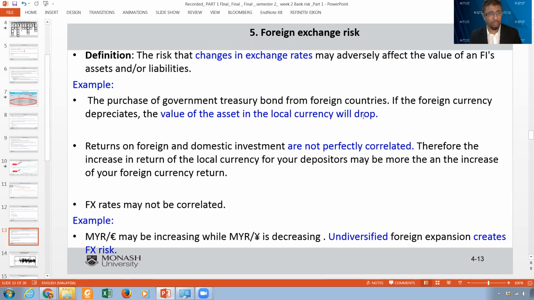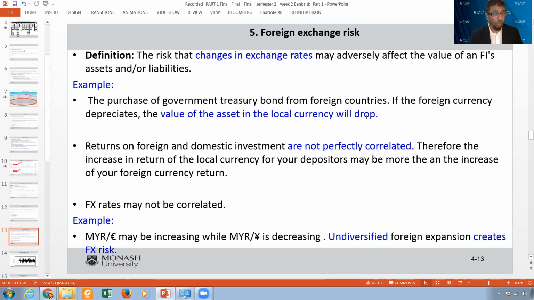will drop in the local currency. For example, with investments in the US or the Japanese market, you buy Japanese bonds or American bonds. If you are here in Malaysia, and the rate now is 4.25 ringgit as of today equals $1, when you buy it, that is your investment.